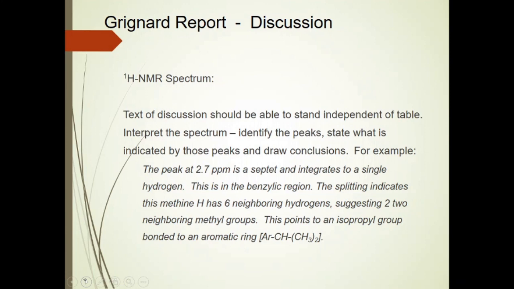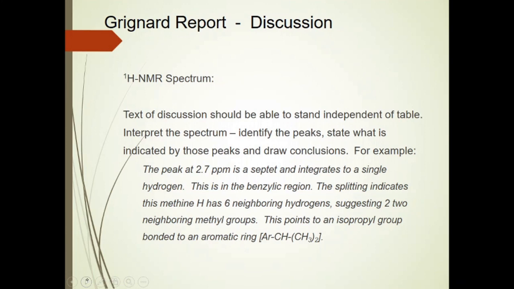So from this, I know what is present in your spectrum. Then tell me what it means. This is the benzylic region. The septet splitting indicates this methine has 6 neighboring hydrogens, suggesting that there are 2 neighboring methyl groups. And then draw the conclusion: this points to an isopropyl group bonded to an aromatic ring.